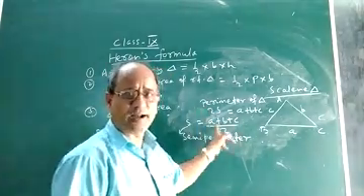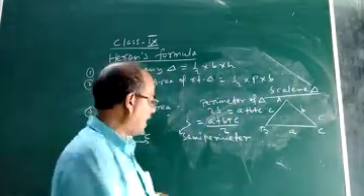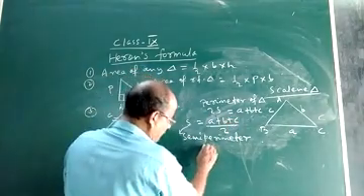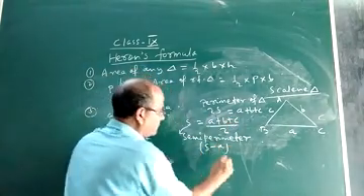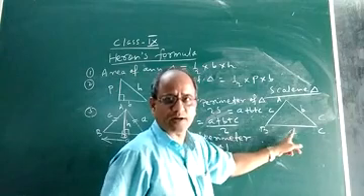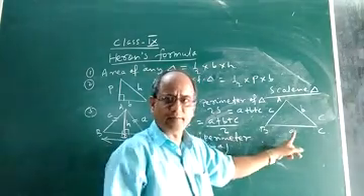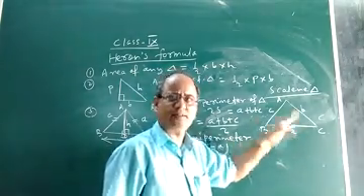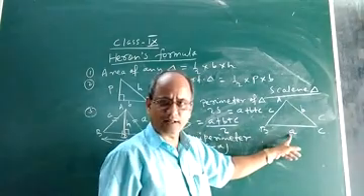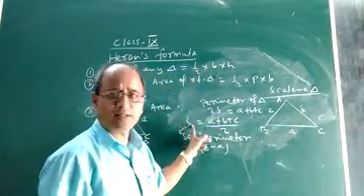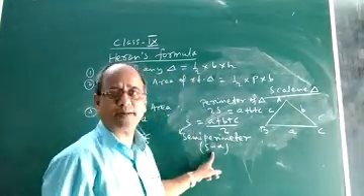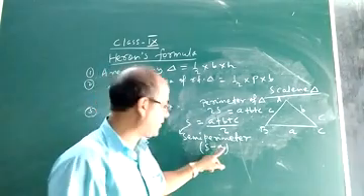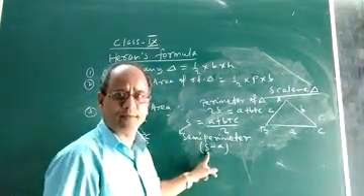After finding the semi-perimeter, what will you do? You find s minus a. You are given the length of a, whatever it may be, suppose 10 cm, 5 cm, 8 cm. After calculating the semi-perimeter, first you find s minus a, that means the difference of a from the semi-perimeter.